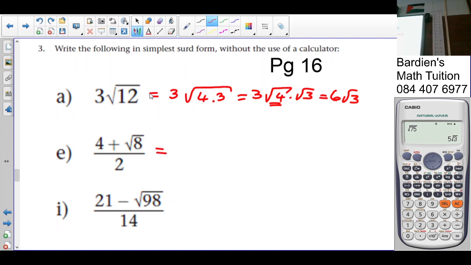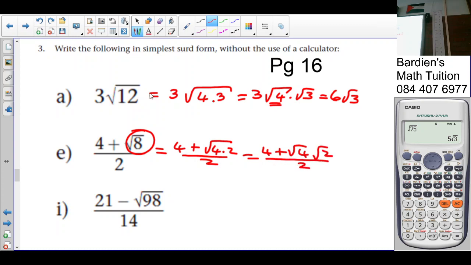Okay? Root 8 can be written as what? Root 4 times root 2, over 2. So that would be 4 plus root 4 root 2 over 2. So that will be 4 plus, what's the square root of 4? 2.